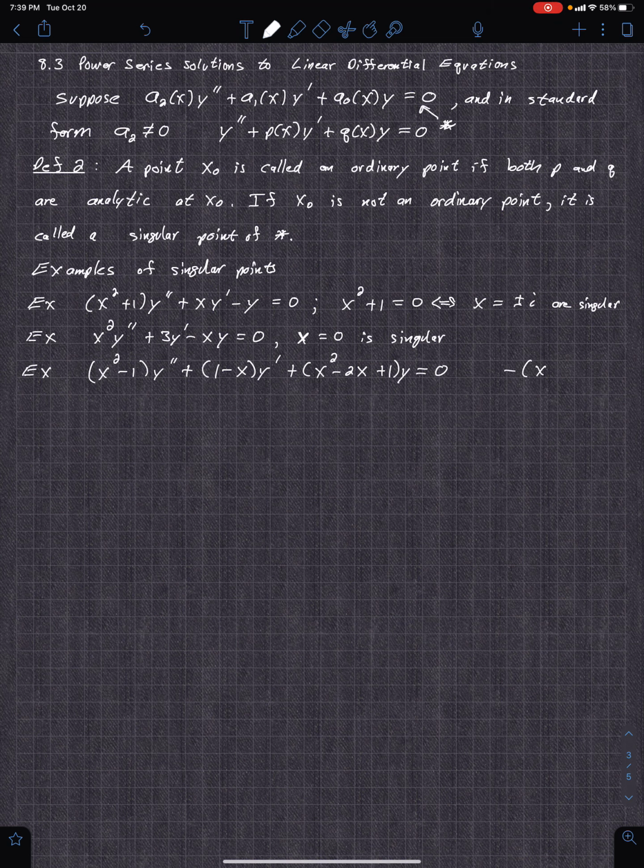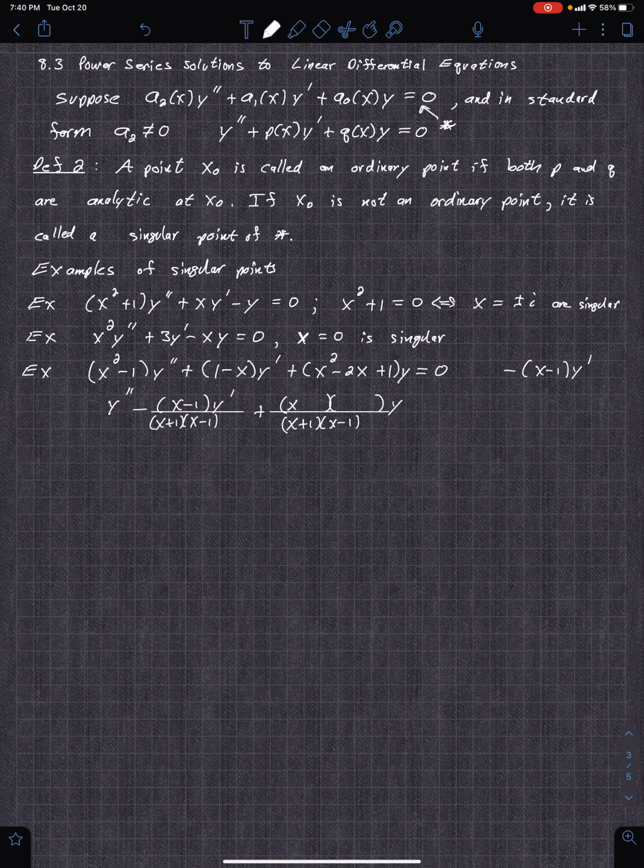So we're going to rearrange into that form and divide out. We're going to have y double prime minus x minus 1 y prime over, and then we will factor that into x plus 1, x minus 1. And then we will factor that numerator as well, all over x plus 1, x minus 1.